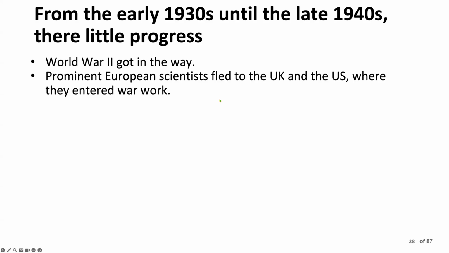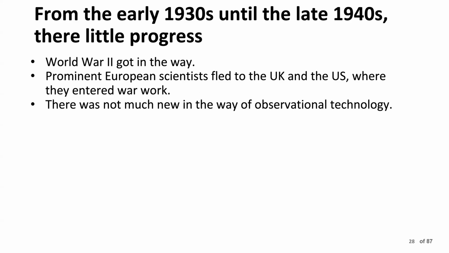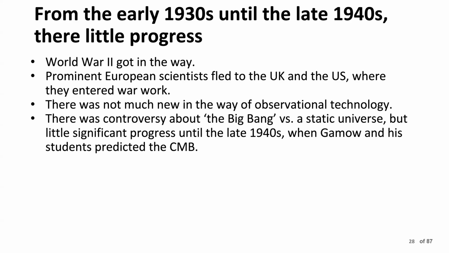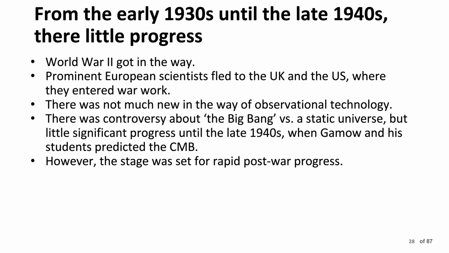They fled the European area. And so there was a delay in progress. And after the war, this idea of a static universe still persisted. A small number of influential astronomers still argued that the universe was static, in spite of the work of Lemaitre and Friedman.